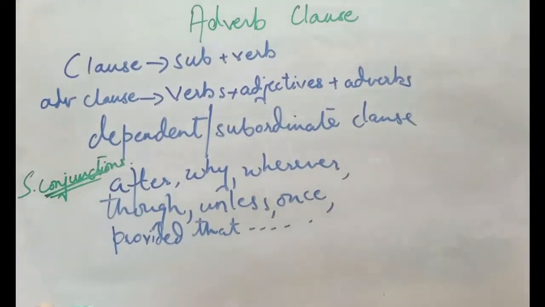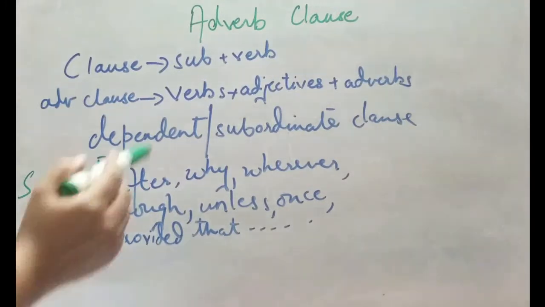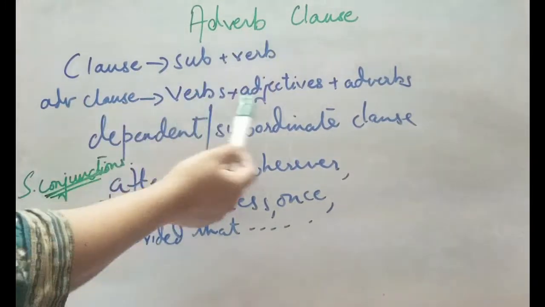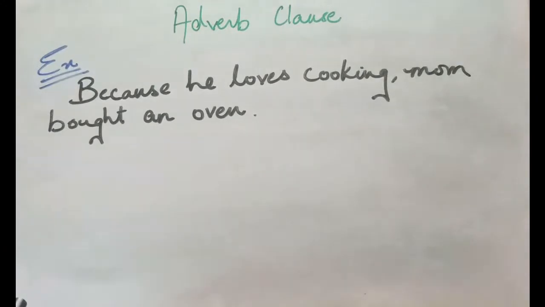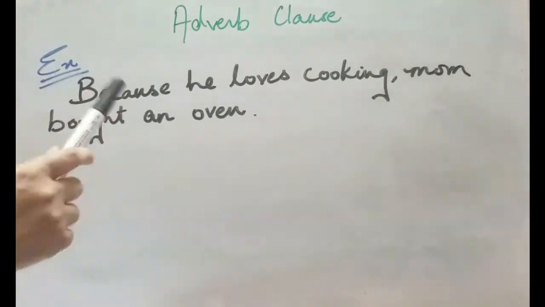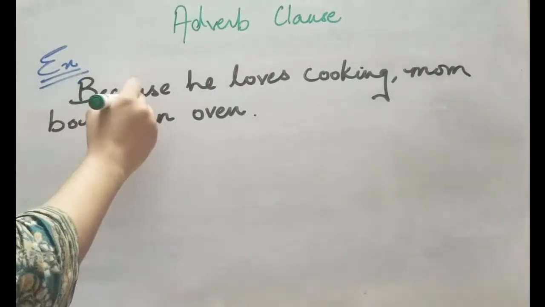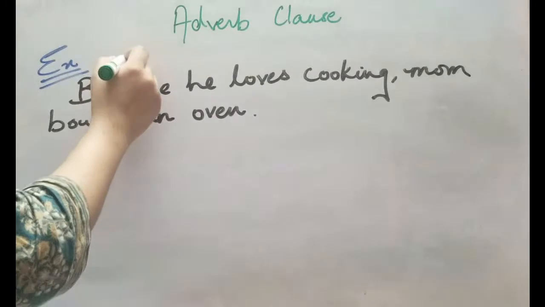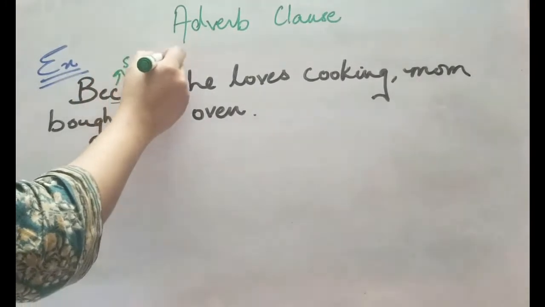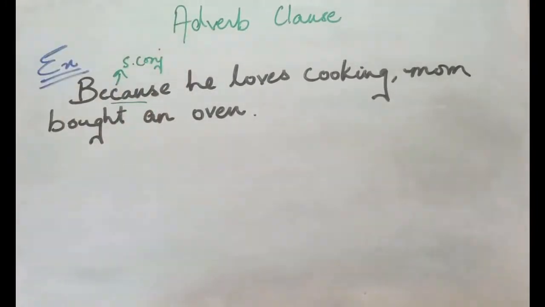Let's move on to a few examples that will clarify the definition of adverb clause. Now look over here. Because he loves cooking, Mom bought an oven. You can see that it's starting with the subordinating conjunction. Like I told you in my definition, it might always start with a subordinating conjunction.